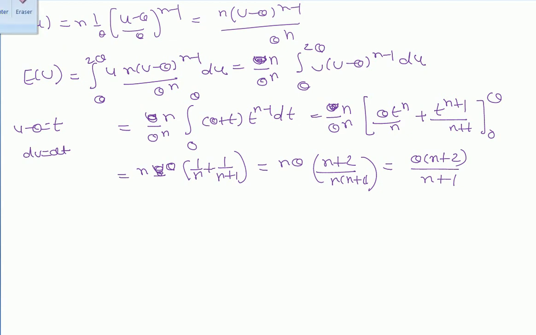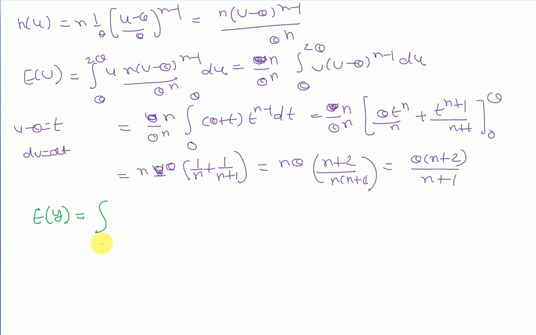Now we will find the expectation for the minimum. What will be the changed expectation of y? The only thing that will be changed is 2 theta minus y.